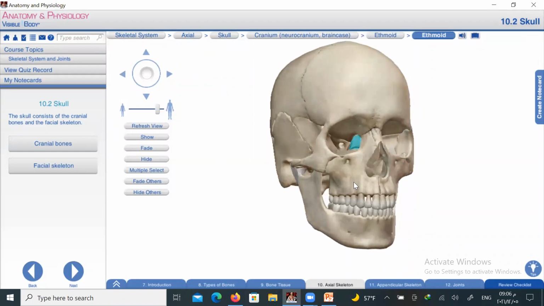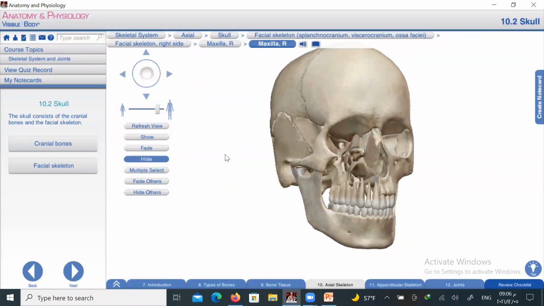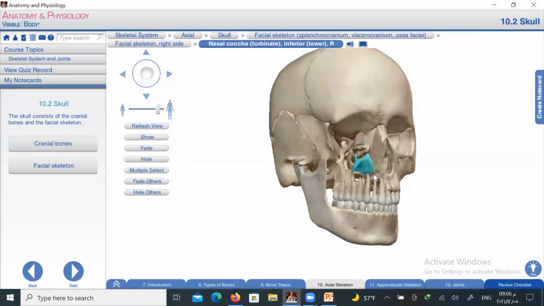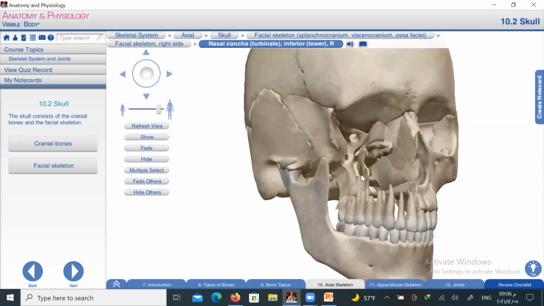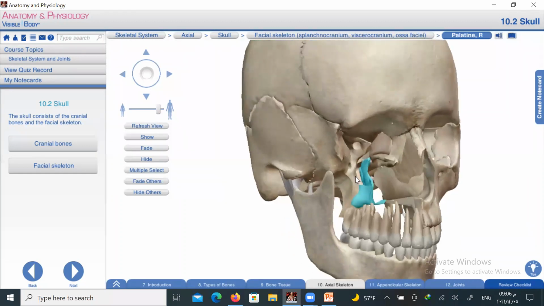To see these bones, we must hide the maxillary bone, the zygomatic bone, and this small bone, which is called the inferior concha. To see the palatine bone, which is this L-shaped bone. This is the palatine bone in connection with the sphenoid bone.